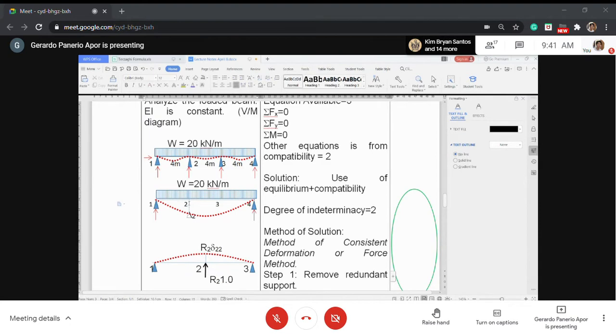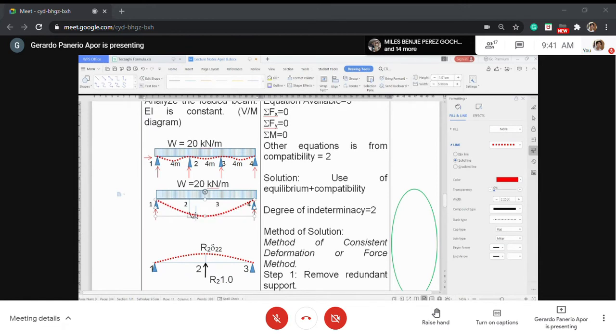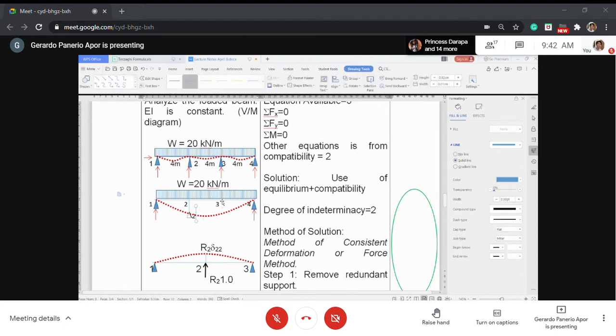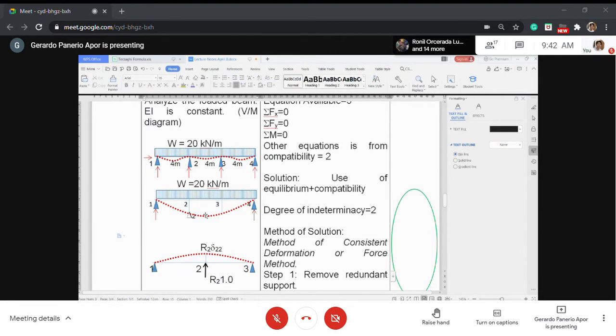Ang tawag niya reflection din sa 3, ang tawag niya is delta 3. So, ato na lang yung kopyahon. Okay. Ang tawag niya is 3. Okay. That's delta 3.